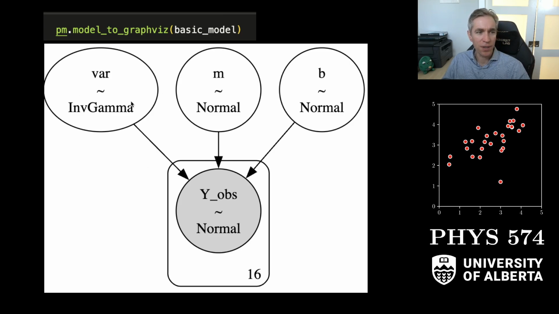And it will tell you that the variance is distributed like an inverse gamma function, and m is a normal and b is a normal, and they all feed into a normally distributed y-obs data, and then there's 16 of those data here. So it'll just draw the model for you.